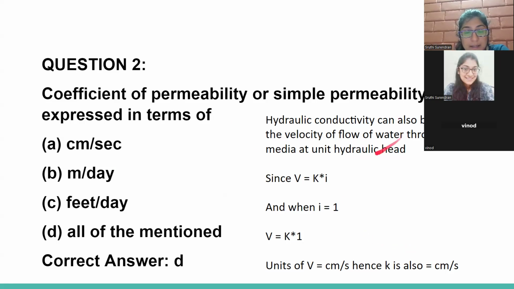This is another definition of hydraulic conductivity: it is also defined as the velocity of flow of water through the porous media at unit hydraulic head. So the correct answer for this question will be option D.